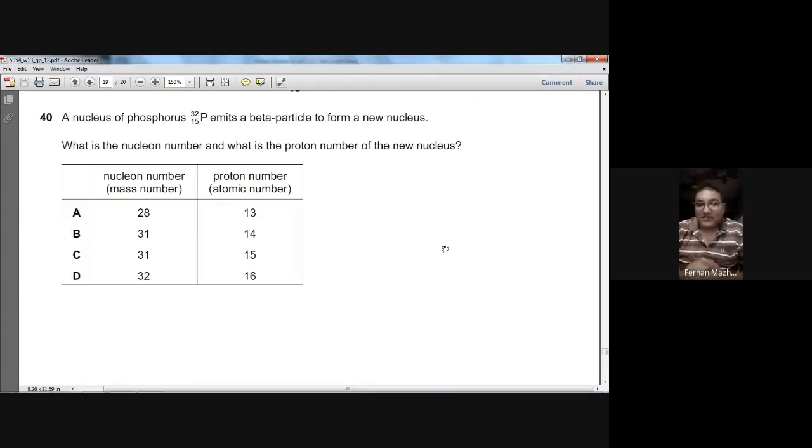So remember these three things. When beta decay happens, the daughter nucleus as compared to the parent nucleus has a proton number one more, and its nucleon number stays the same.